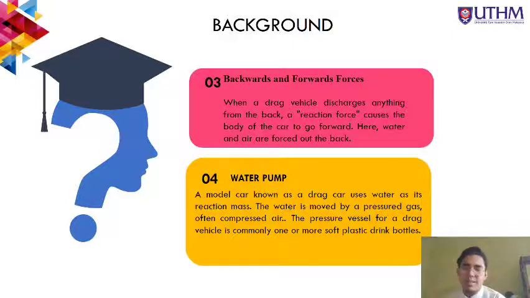The pressure vessel for a drag vehicle is commonly a soft plastic drink bottle. So we can make it using a nozzle like the one for a ball or tires, and we pump using the water pump, so the air will flow into the drag car.